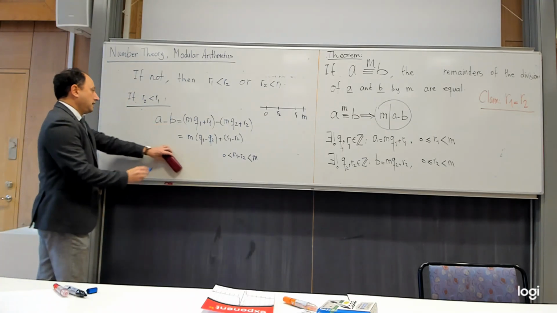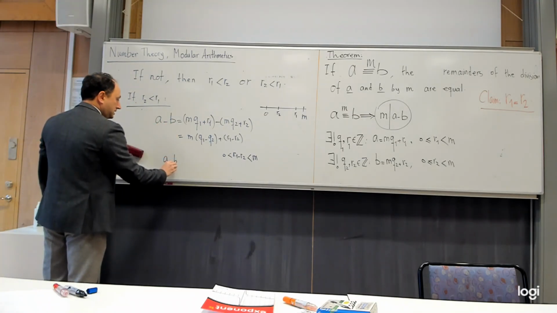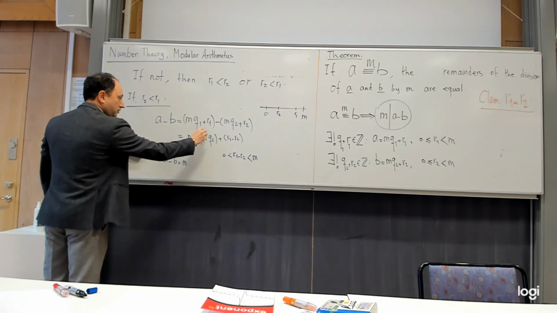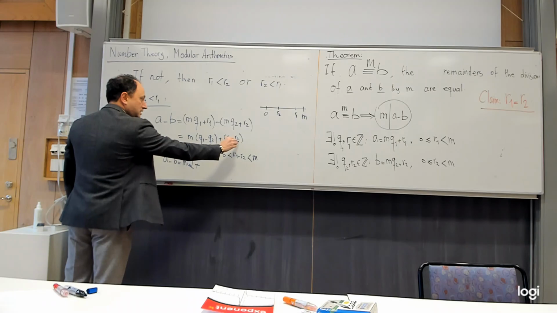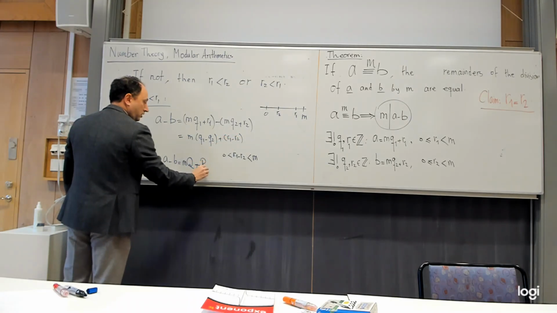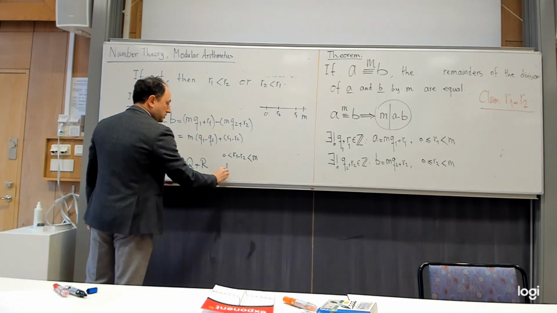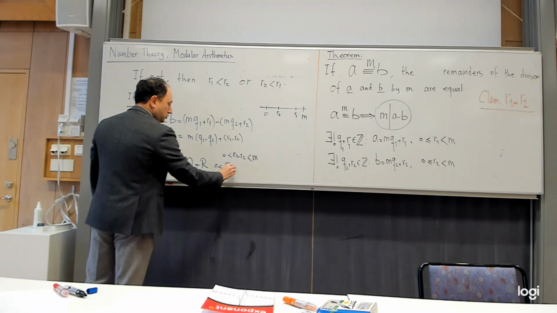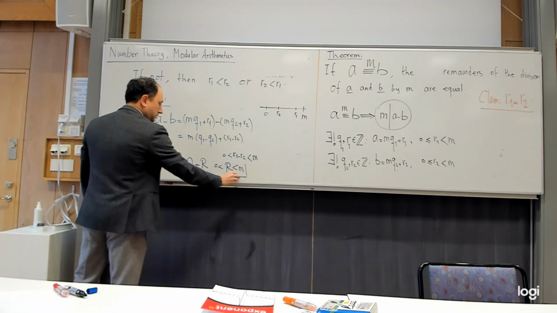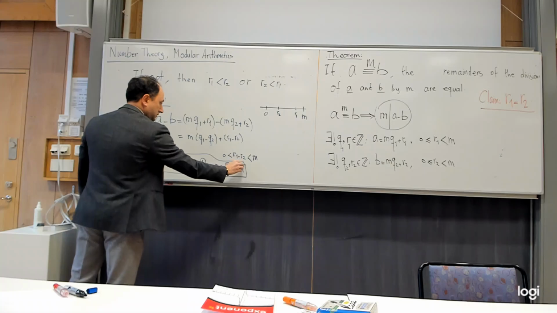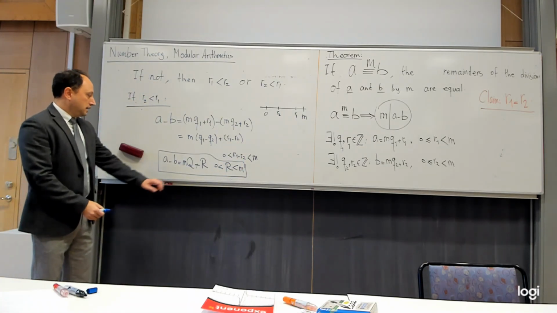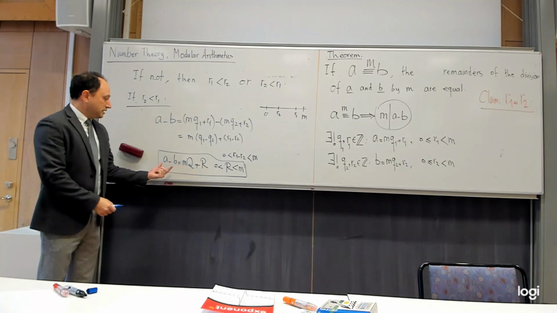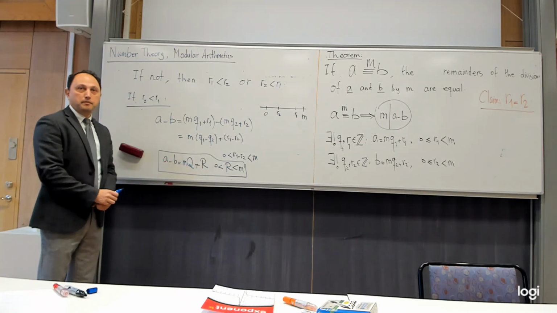Now look, a minus b is equal to mQ plus R, where instead of the first expression I write capital Q, and instead of r1 minus r2 I write capital R. What I know about R is that R is between 0 and m. Yes? Now I ask you this question. Can I say that R is the remainder of a minus b by m?